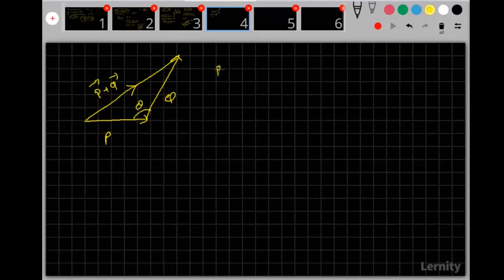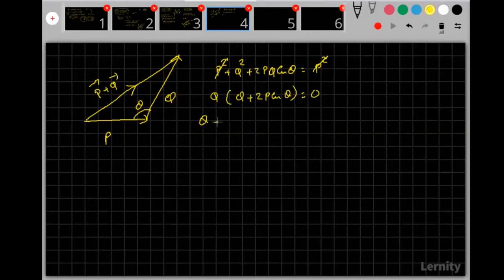Then P squared plus Q squared plus 2PQ cos theta is equal to R squared, and R is P itself. When you cancel, you will get Q into Q plus 2P cos theta is equal to 0. So Q is equal to minus 2P cos theta.